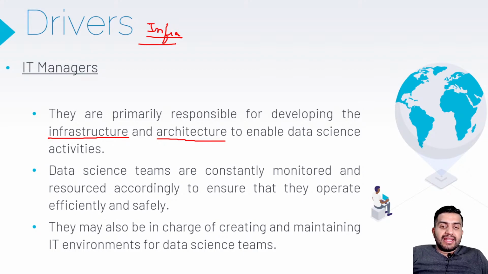So basically, the data science team, the technical on-ground team, are in touch with the technical support of the IT managers, who are developing and deploying my infrastructure or the architecture, and enabling my entire data science activities if I do not have the right capacity for my solution. So capacity enhancements, capacity understanding, solutioning of my product, that is where the IT managers come into the picture, and they take care of the development and deployment of my entire infrastructure and the architecture of my system.